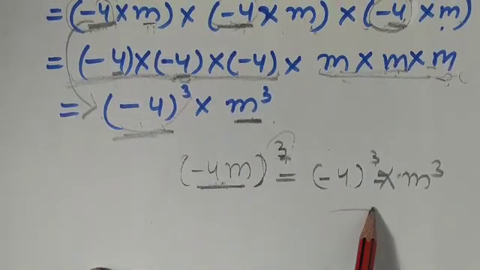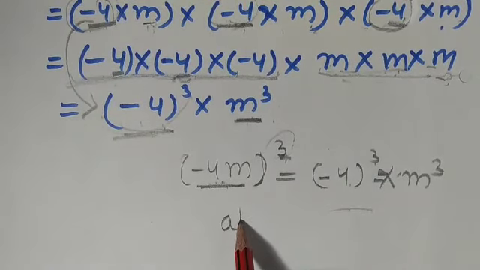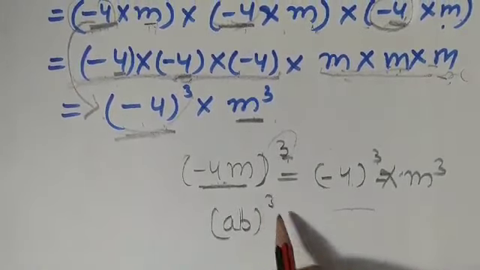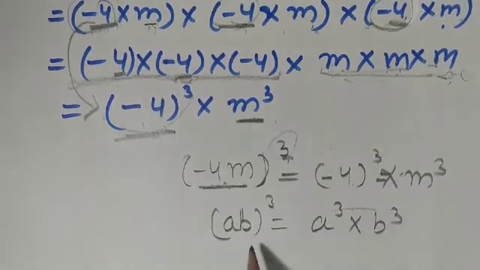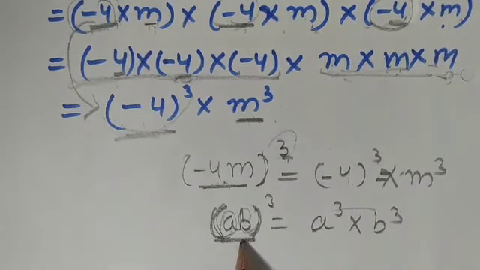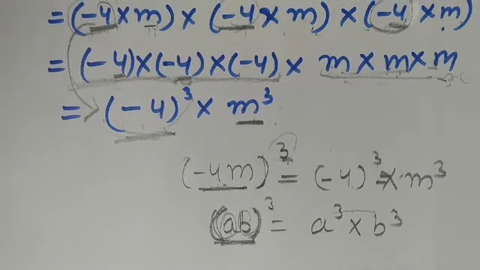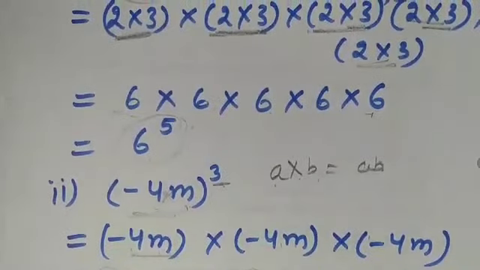So this is a rule that you have to learn: in general, if we have any number like this, the powers get distributed to this number also and this number also whenever the power is on the whole. We will learn this through questions also. So hope you have understood these examples.